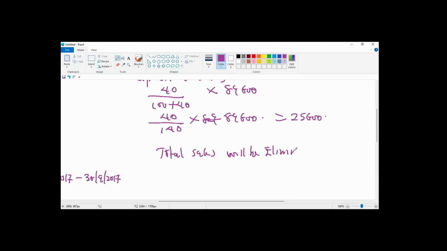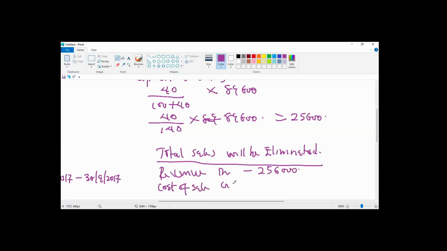Because we are dealing with the P or L. You cannot sell to each other. Revenue, I will debit 256,000. Then the cost of sales, I will credit 256,000. That's all.